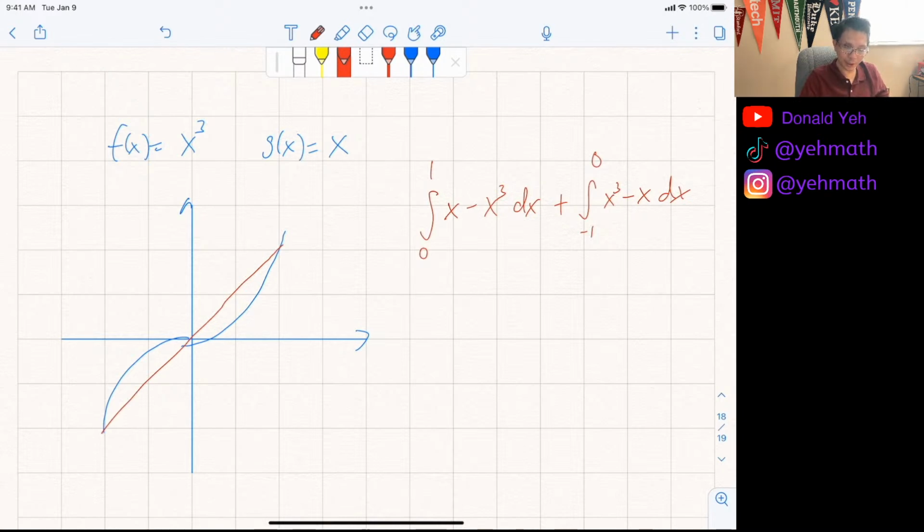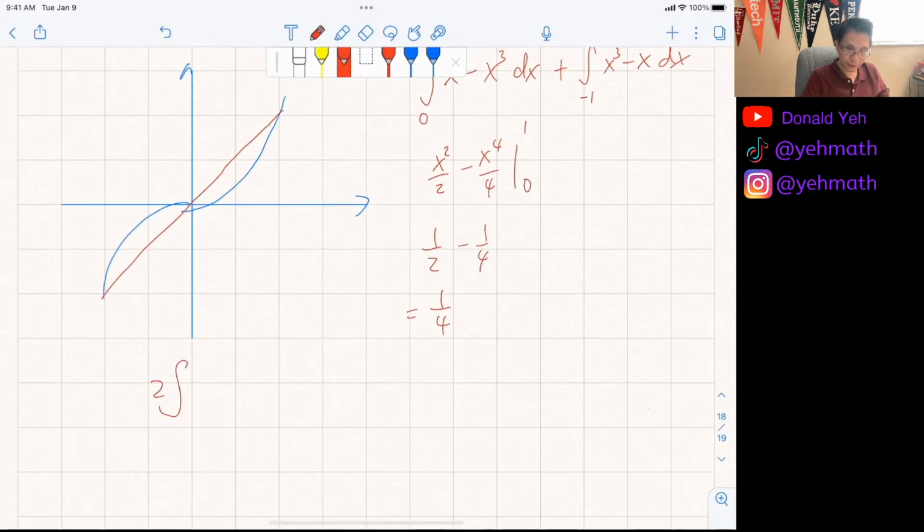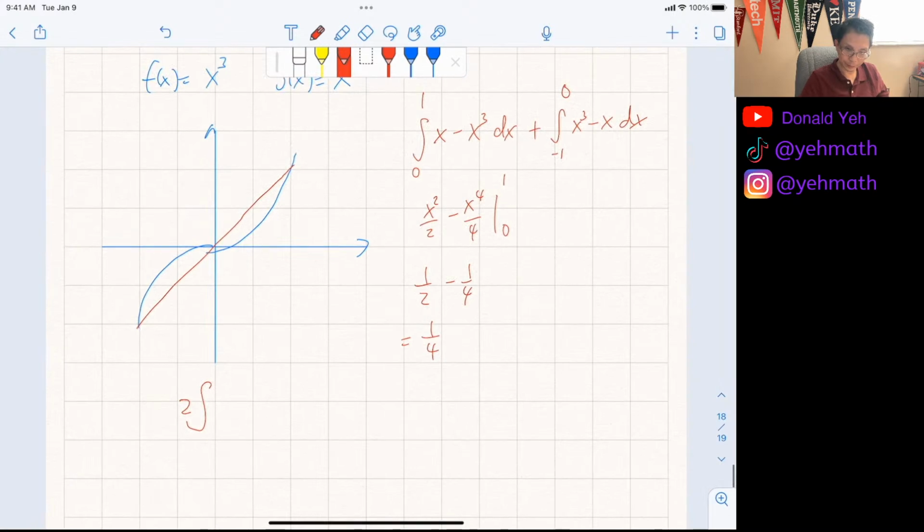And that's going to be x squared over 2 minus x to the fourth over 4, between 1 and 0. Now there's an alternative way, which is 2 times the integral of x minus x cubed, because they are the same.